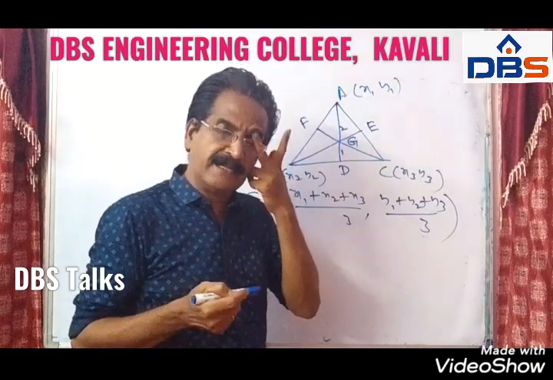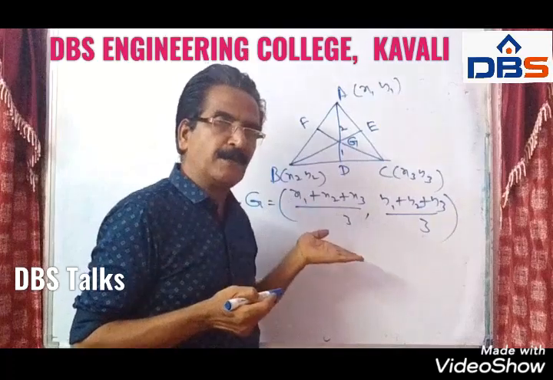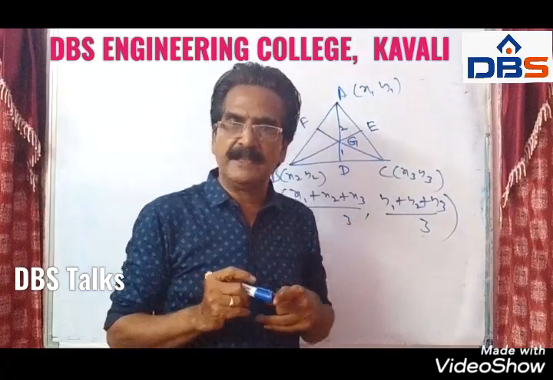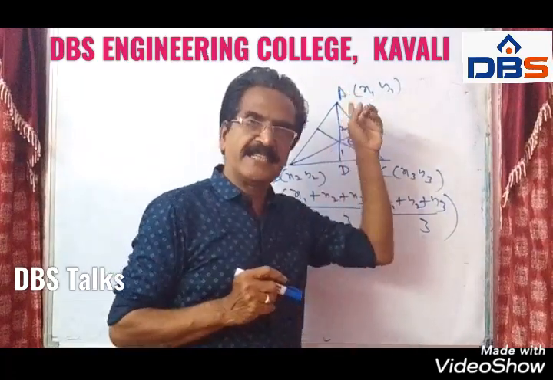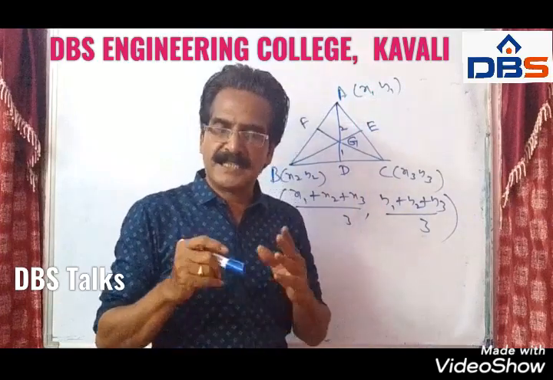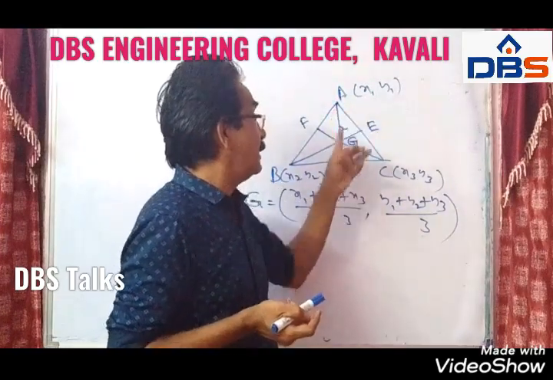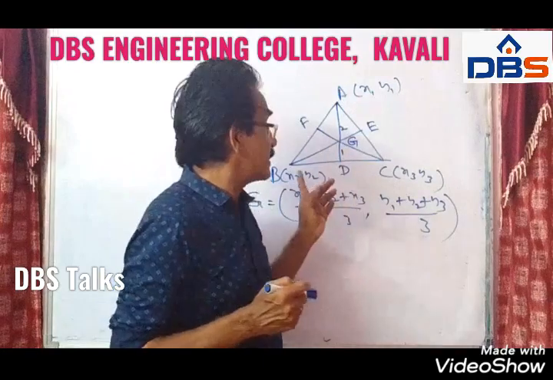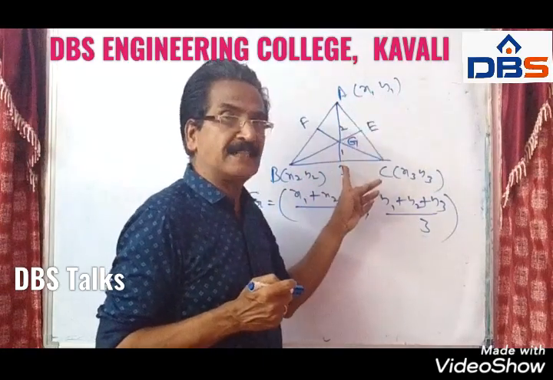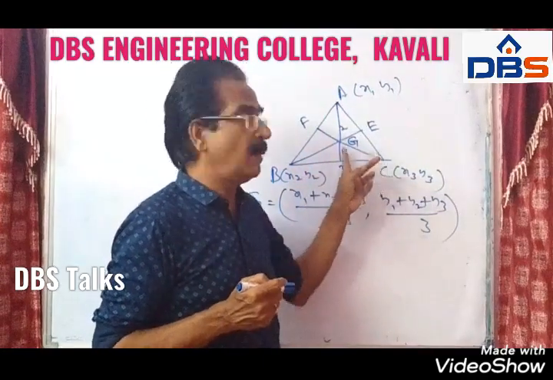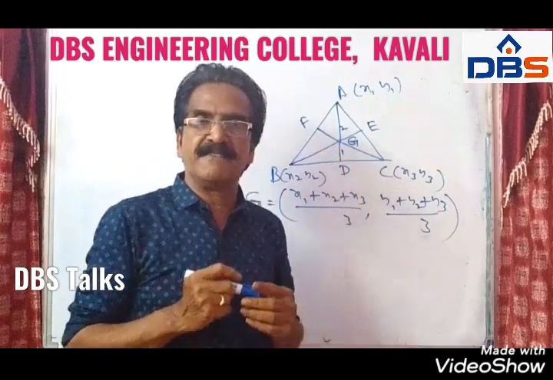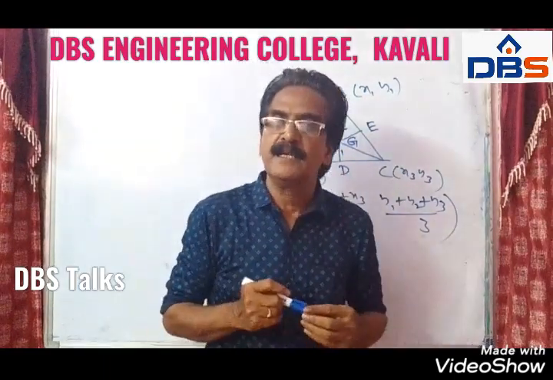The data is different. Here in this problem, all the vertices are not given. Only one vertex is given, and the midpoint of the side opposite to this vertex. D is given. So now A and D are given.